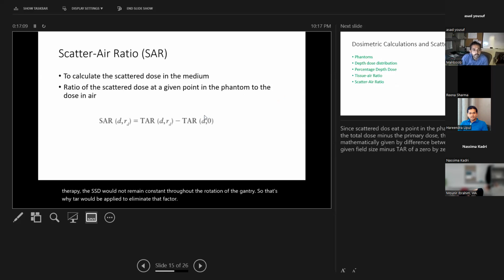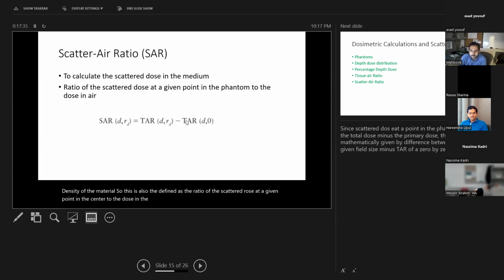And finally, scatter air ratio is used to calculate the scatter dose in the medium, because there would be lots of scattering because of the density of the material. It is defined as the ratio of the scatter dose at a given point in the phantom to the dose in air.